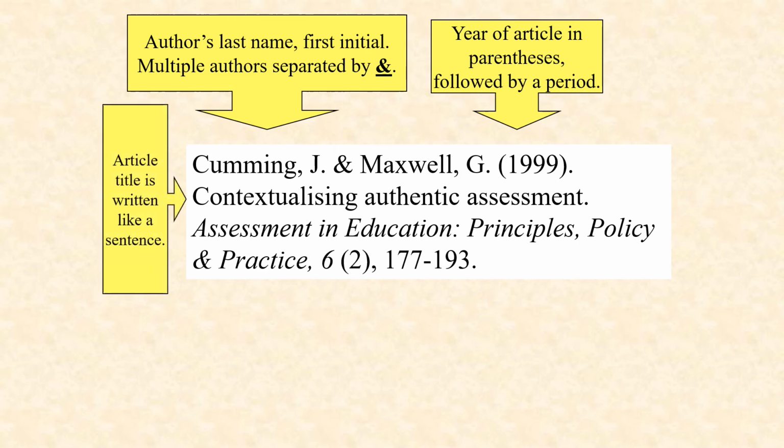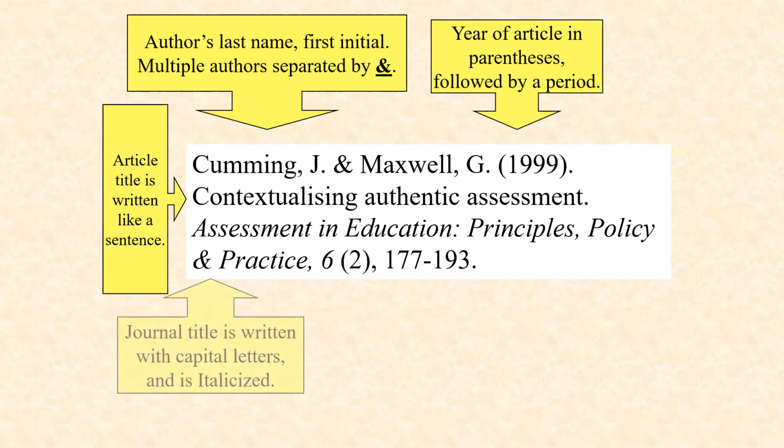The next part is a little different. We write the article title like it's a sentence, so it's not title case. In other words, we're not capitalizing every word of the title, but rather we capitalize the first word and then we put a period at the end of it. A little different, but that's APA formatting.